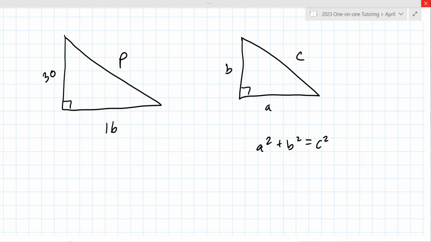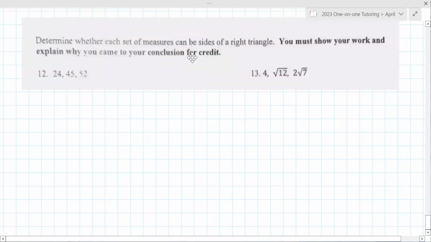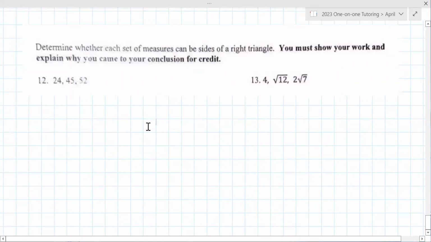Okay, the next two questions. Determine whether each set of measures can be the sides of a right triangle. You must show your work and explain why you came to your conclusion for credit.